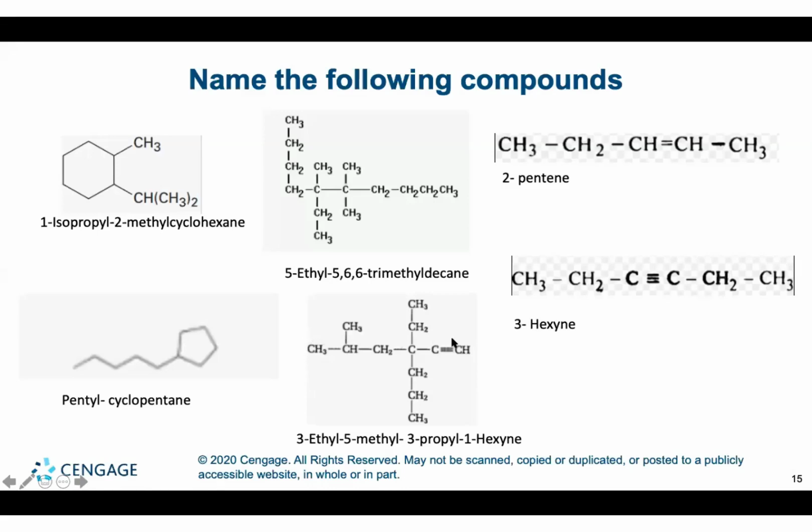It's going to be 6 carbons, and it has a triple bond in it. I start numbering from the right side: 1, 2, 3, 4, 5, and 6. So it's going to be, what? 3-ethyl, and we make sure we go based on alphabetical order when we write it down.